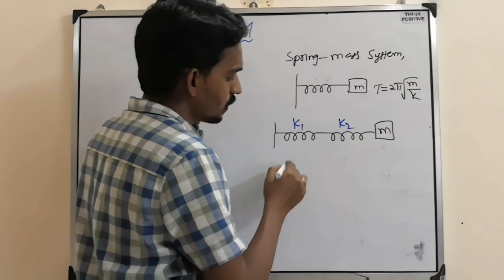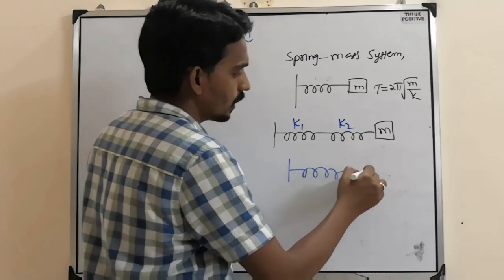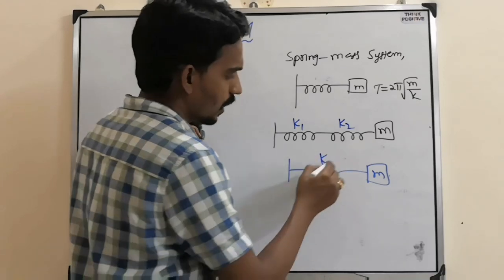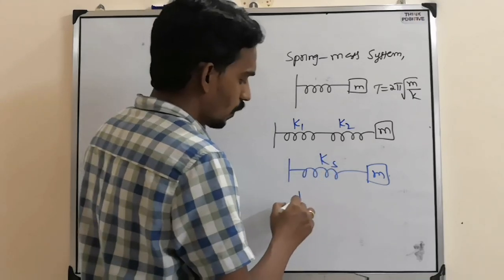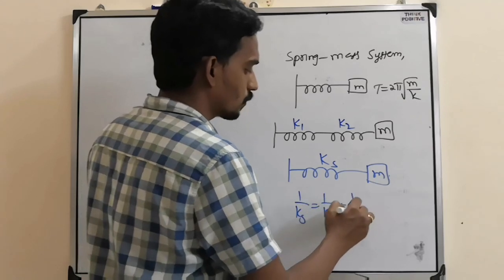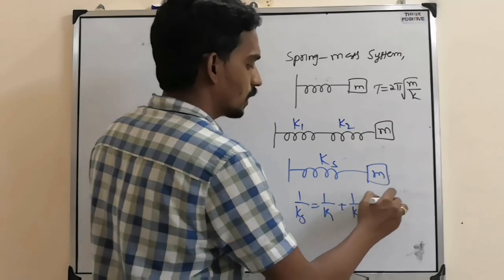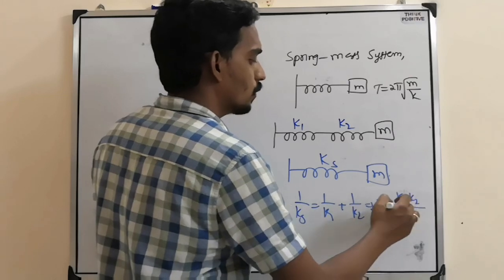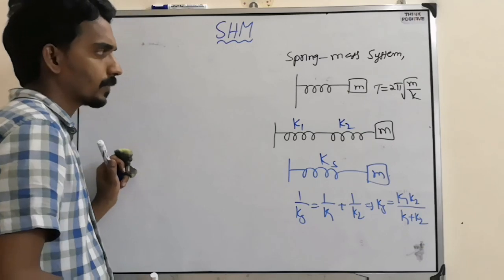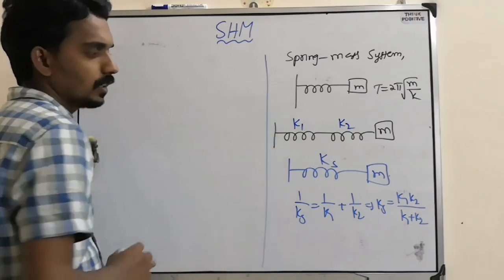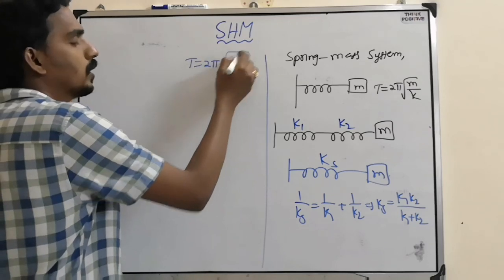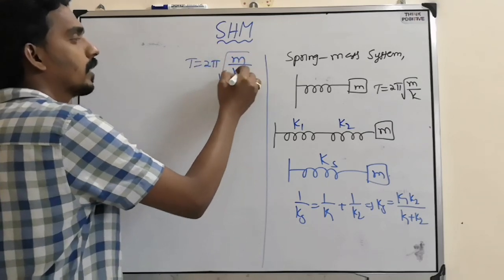Then in this case, it behaves like one effective spring whose constant is Ks. Now 1 by Ks will become 1 by K1 plus 1 by K2. So that Ks equals K1 K2 by K1 plus K2. So here the time period will become 2 pi root m by Ks.